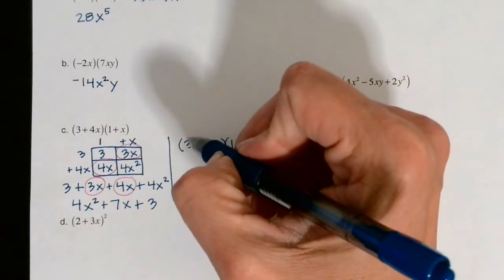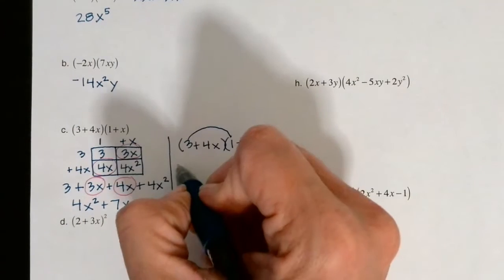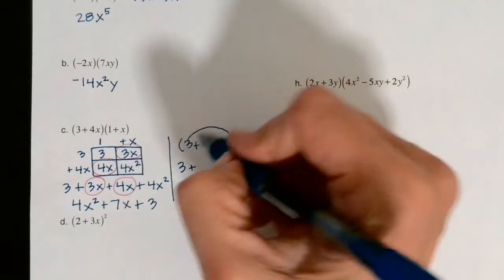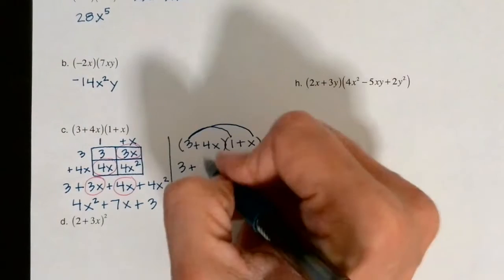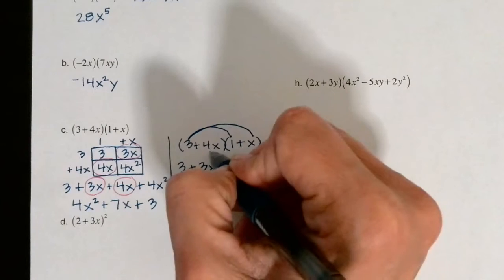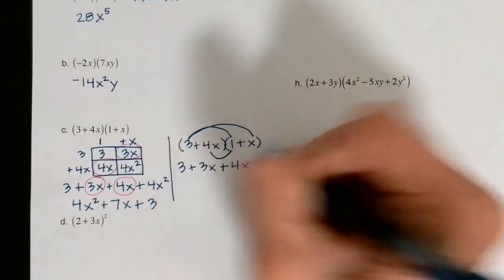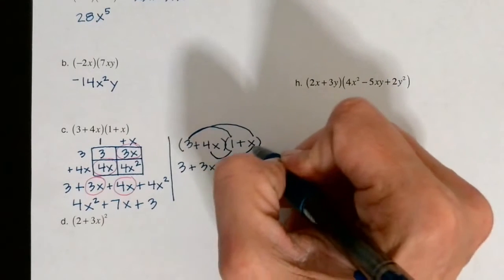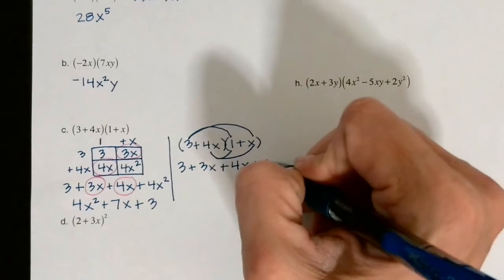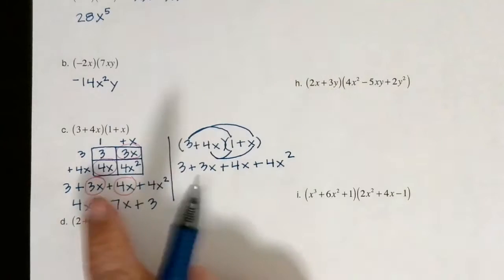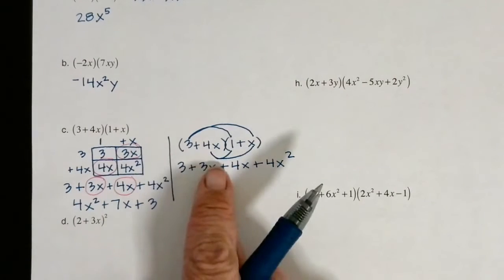So what you're going to do is 3 times 1, which is 3, plus 3 times x, which is 3x, plus 4x times 1, which is 4x, and then 4x times x, which is 4x squared. And you can see we have the same thing here, and we have there.